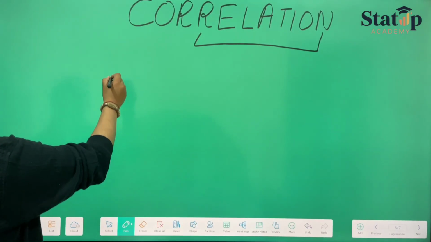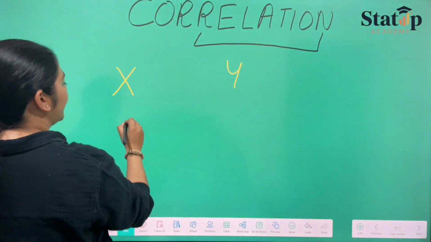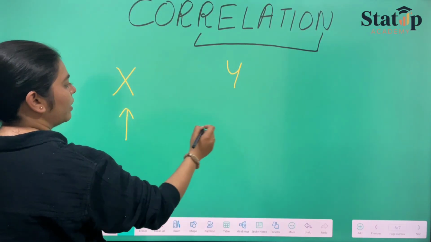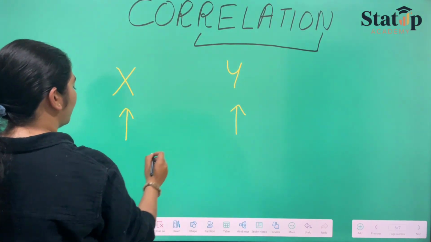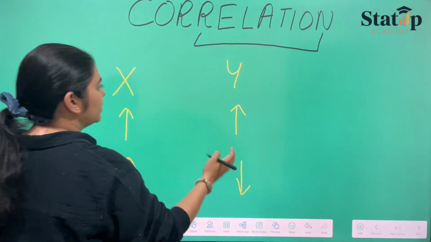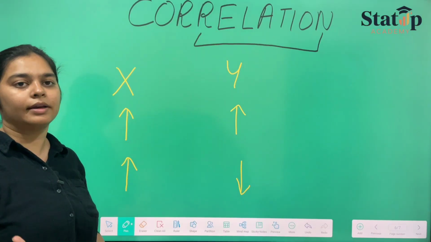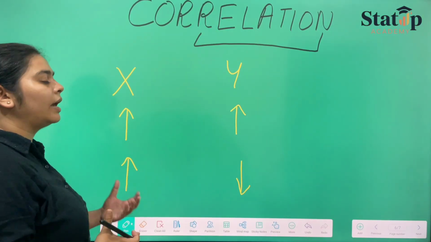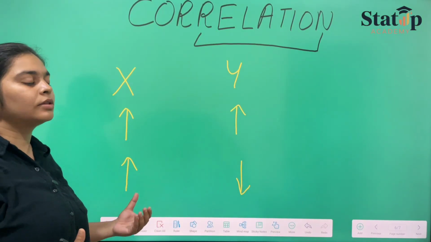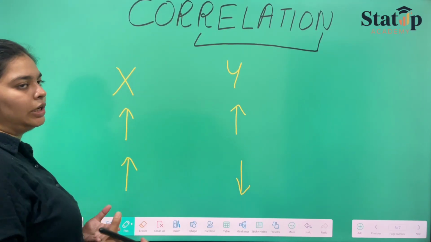If I am having two variables, suppose I am having x and y, if x increases when y increases, or if x increases then y decreases, these are the terms that give us the way that x is related to y. Because they are two variables, we can say x is correlated to y.